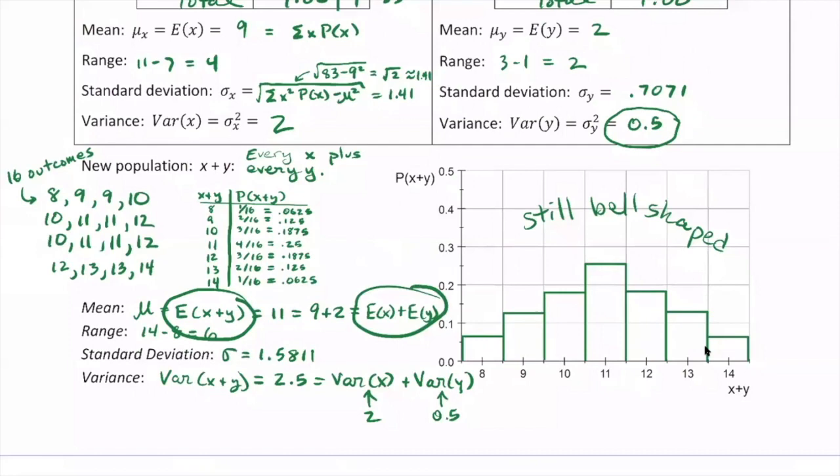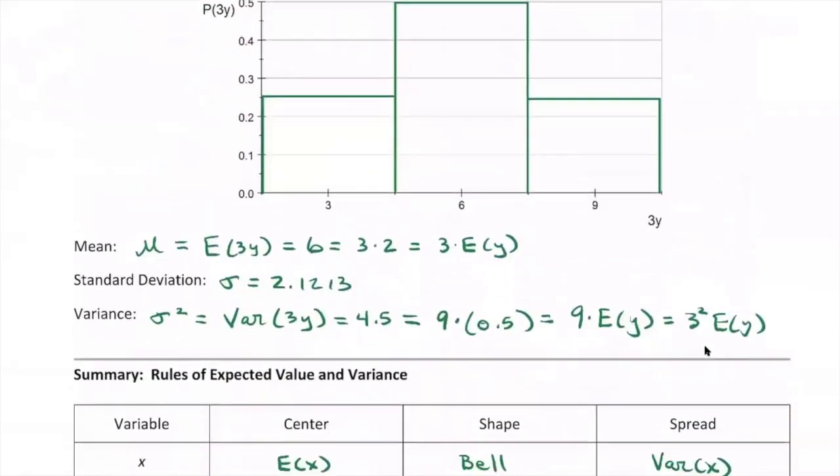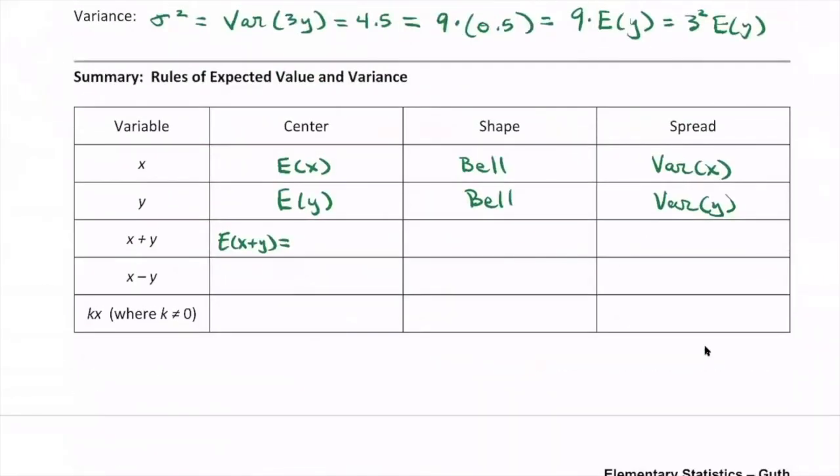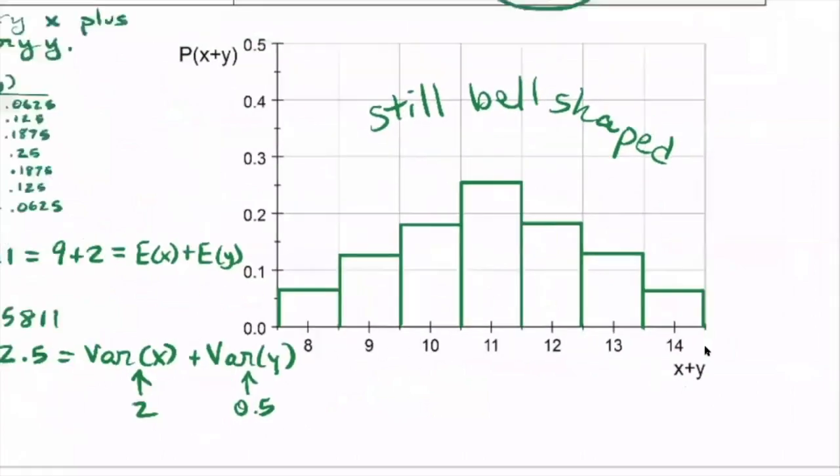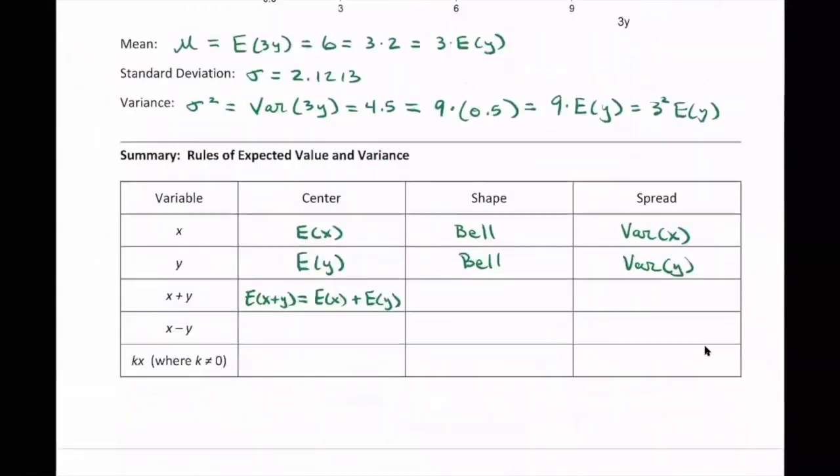So the means add when you add two variables. So let's put that in down here. This is expected value of x plus the expected value of y. Like that. It was still bell-shaped in terms of the distribution shape, this one. Okay, so we'll just say it's a bell shape.